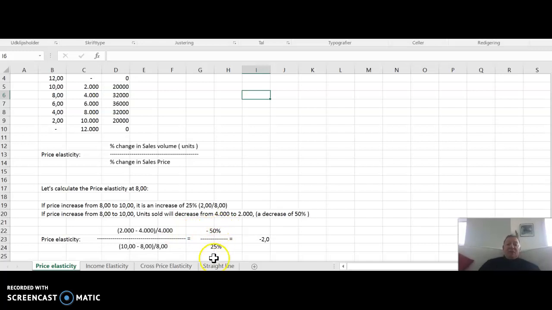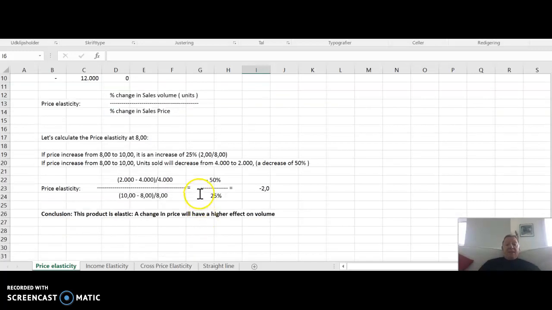And it's a minus. So if the price change is a plus because we increase price, then the volume will decrease by 50%. In this case, it will give us 2 because 50 divided by 25 is 2, and it's a minus. So the conclusion is this is an elastic product because the absolute amount is more than 1.